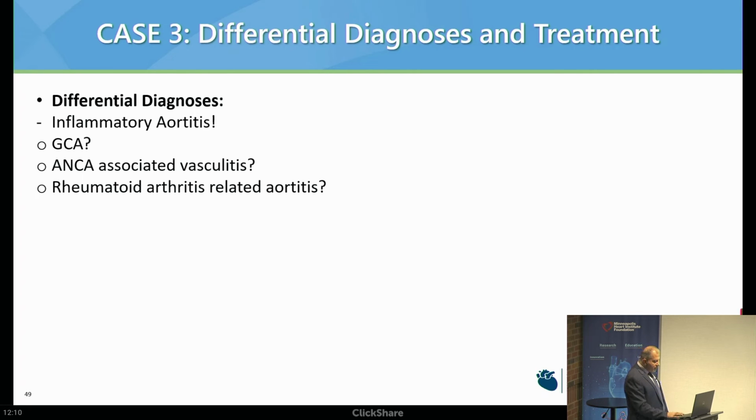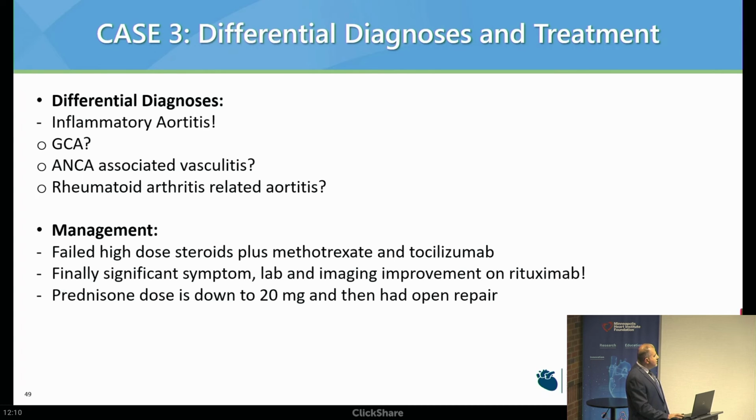Is it rheumatoid arthritis? What we did was start the patient on high-dose steroids and methotrexate, and he didn't respond. We considered tocilizumab, thinking it might be related to GCA, but he didn't respond really well until we thought about using rituximab, because remember his C-ANCA was positive.